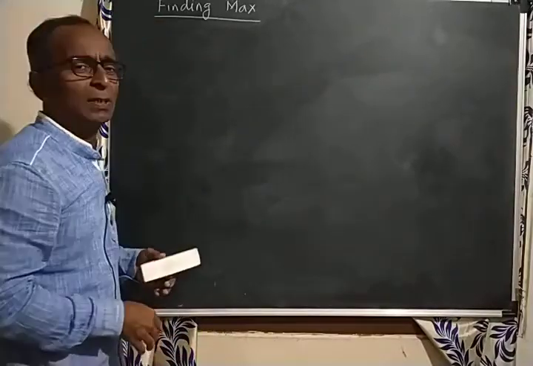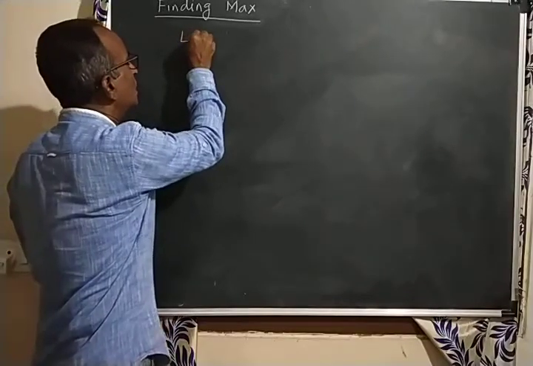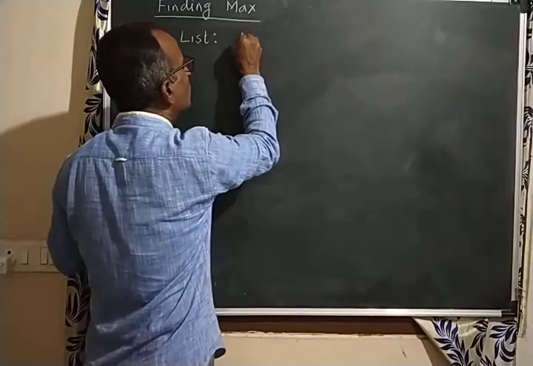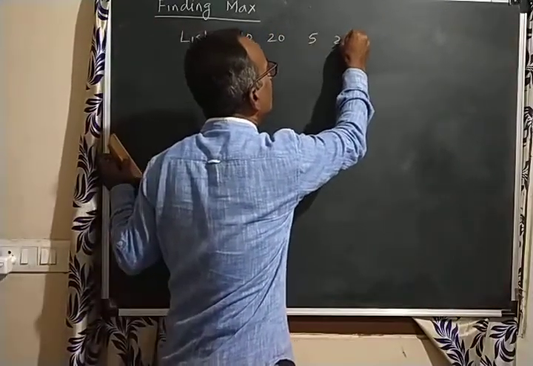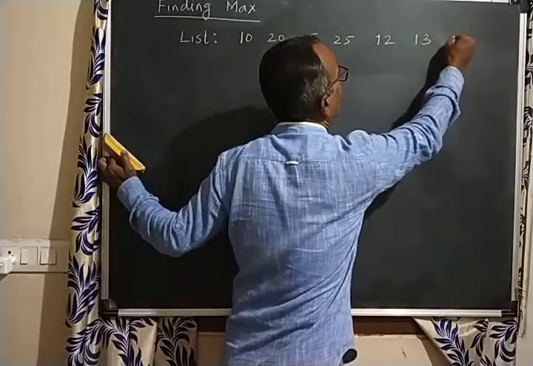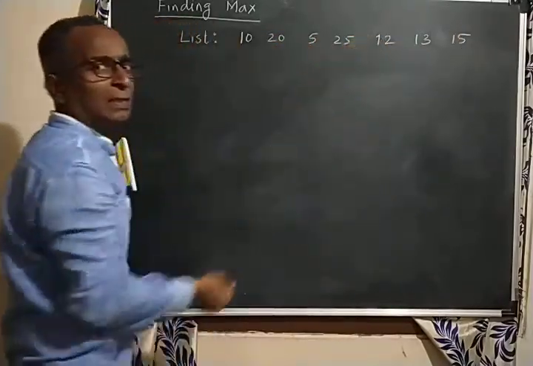The problem is easy. You have been given a list containing elements. Suppose I have a list (10, 20, 5, 25, 12, 13, 15). Some elements are in the list.